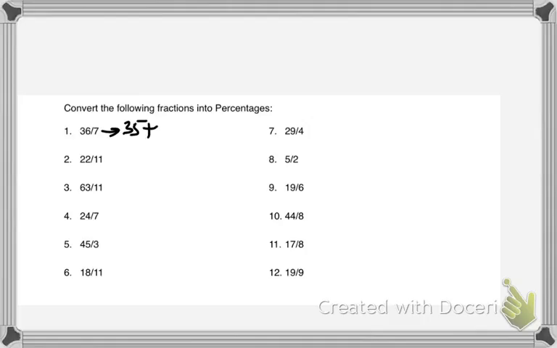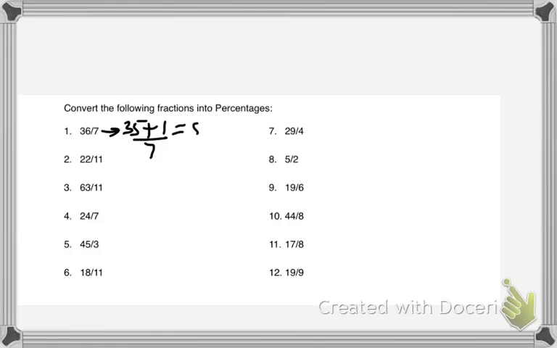So starting with the first question, that is 36 by 7. You break 36 into 35 and 1, because the nearest multiple of 7 when we want to break 36 will be 35.